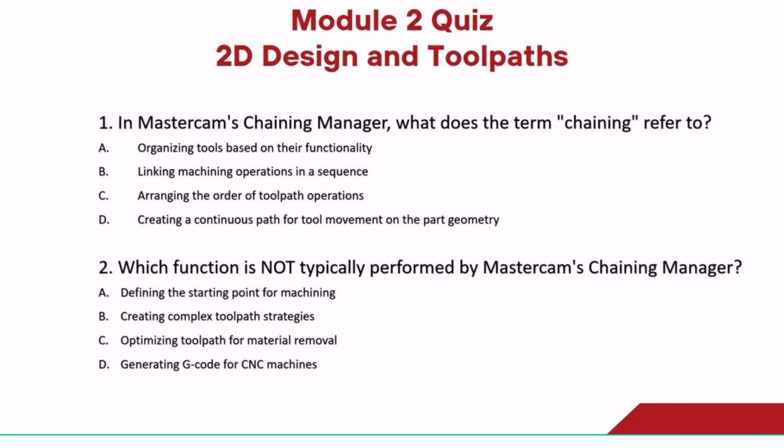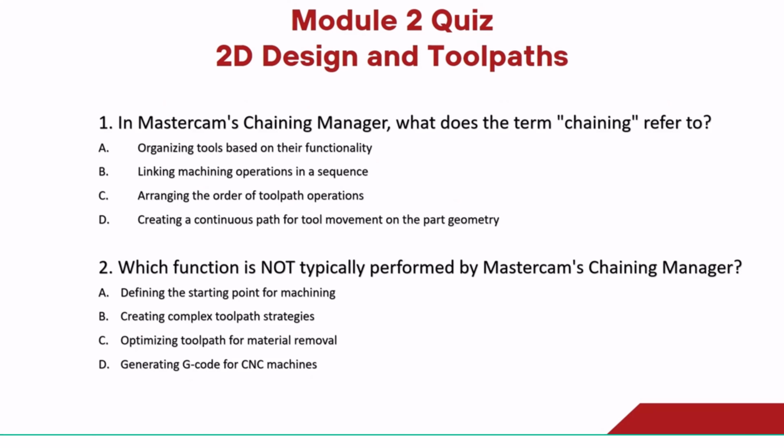So let's get started. The first question is, in MasterCAM's chaining manager, what does the term chaining refer to? Option A, organizing tools based on their functionality. Option B, linking machining operations in sequence. Option C, arranging the order of toolpath operations.